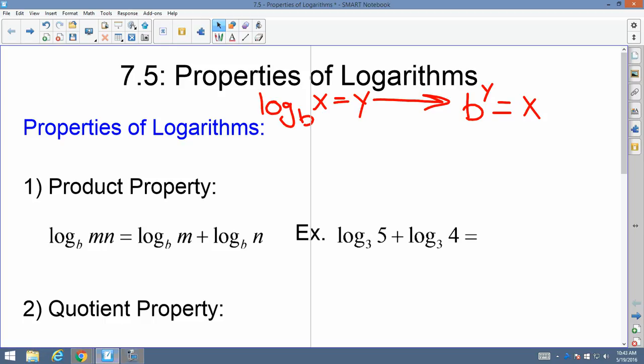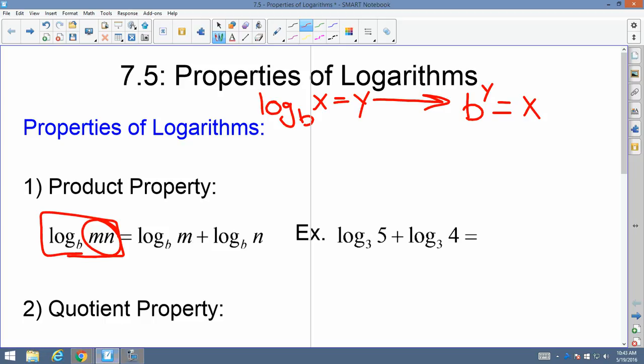In this case, I have log base b of m times n. There's a multiplication here, right? Now, before, when you multiply the same base, you keep the base and add the exponents, correct? Well, in this case, everything is switched. So you're keeping the base, but you're adding the answers.